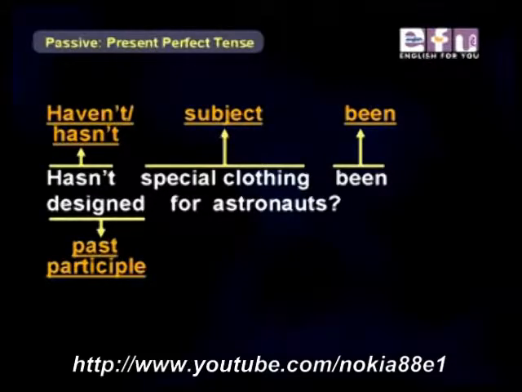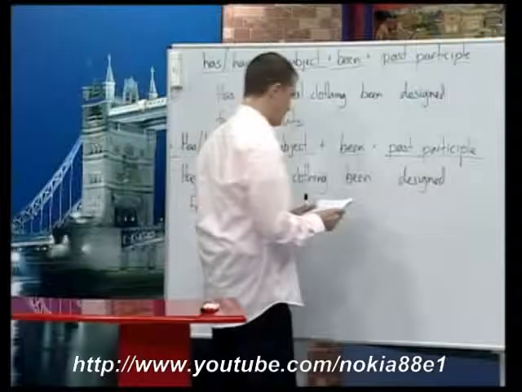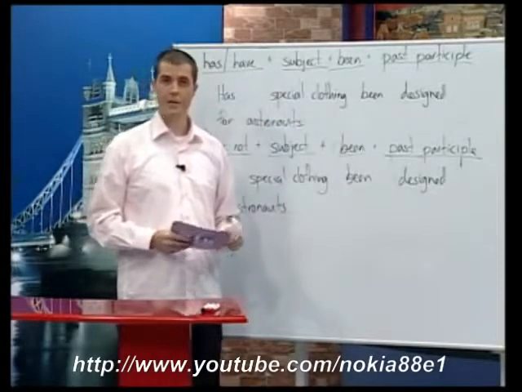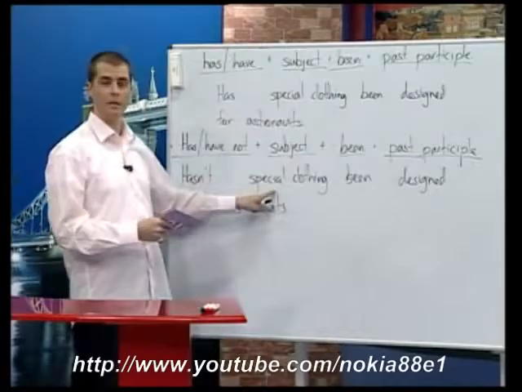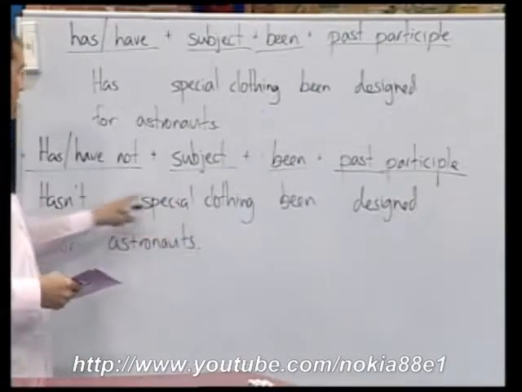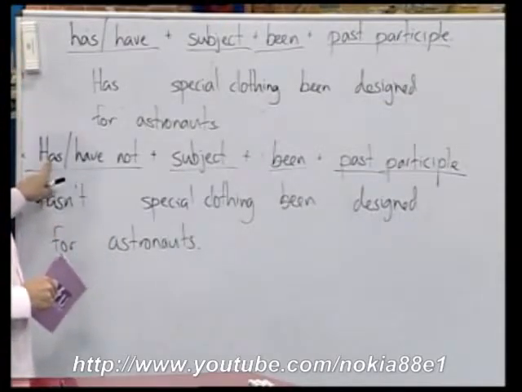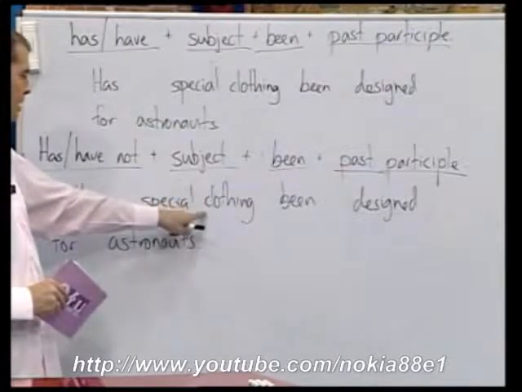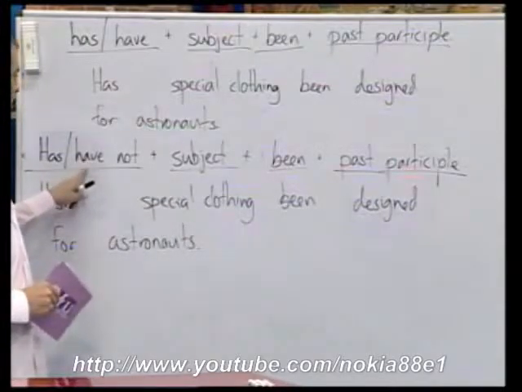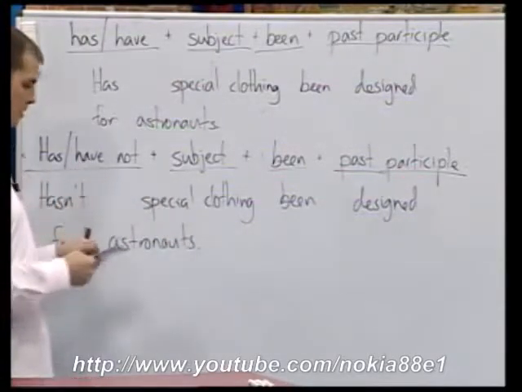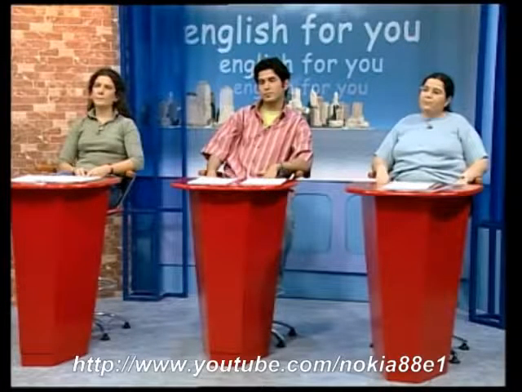Hasn't special clothing been designed for astronauts? Now, again, as usual, the passive voice subject tells us if we use the singular or the plural negative. Has for the singular, special clothing is one uncountable noun, so hasn't, or if it was plural, have not. Okay, that's practice.